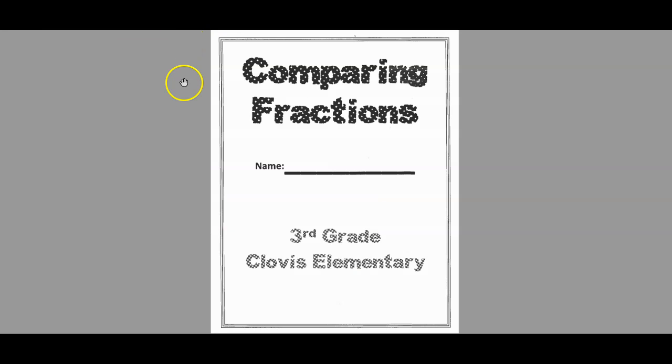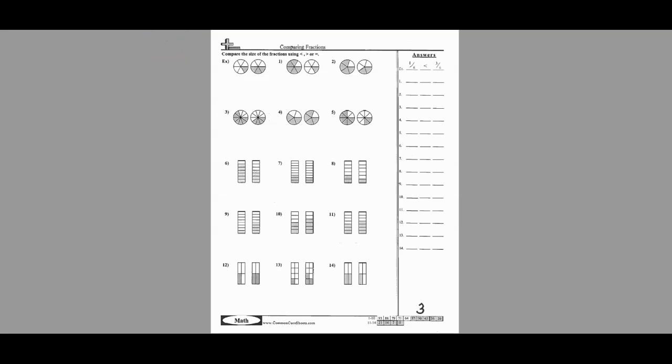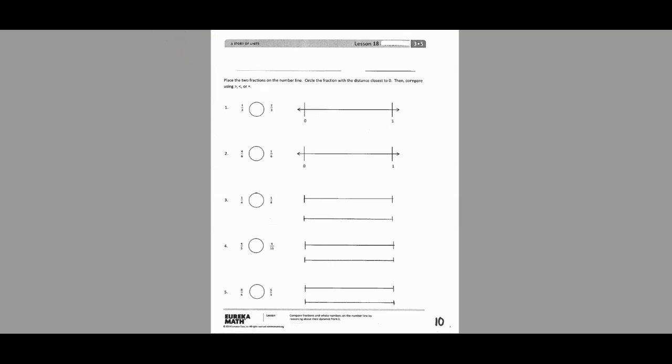All right, we're gonna do page 10 and 11 on your packet. So go to page 10. It's right here, and then I'm gonna tell you what to do. Okay, so I'm gonna do an example on each page.